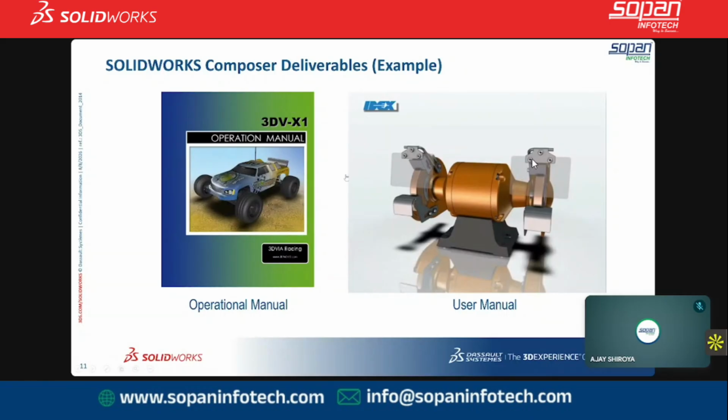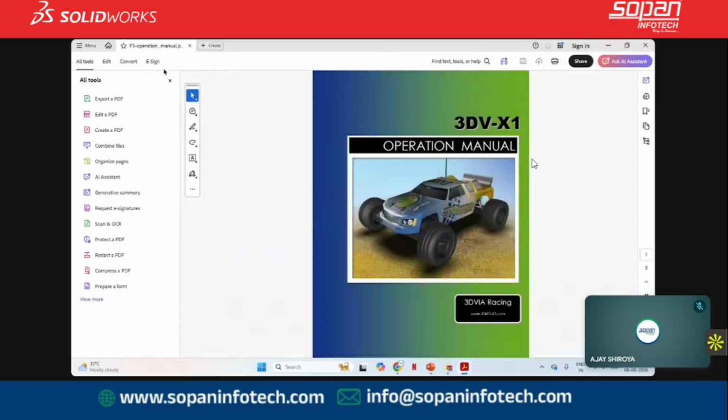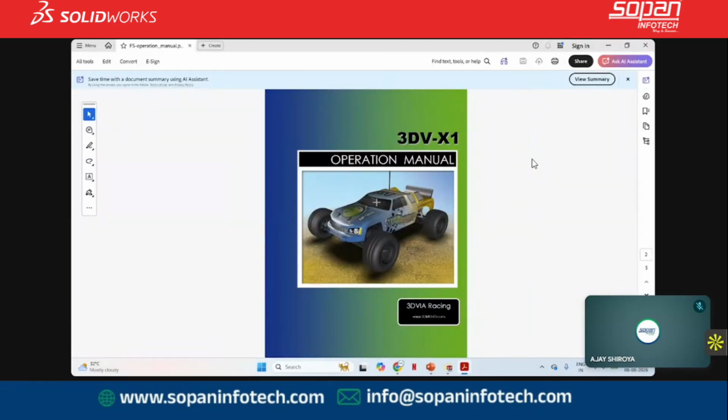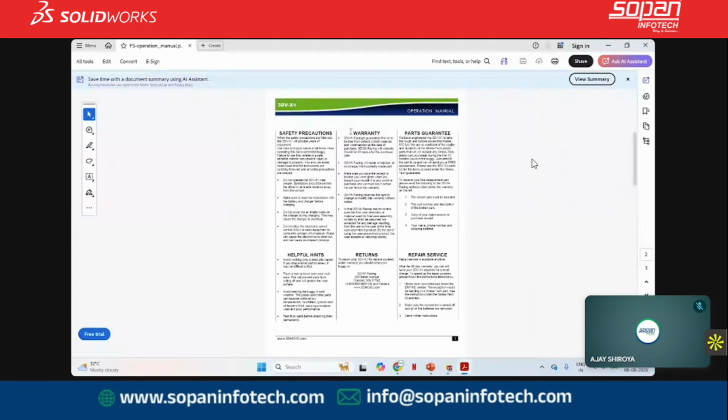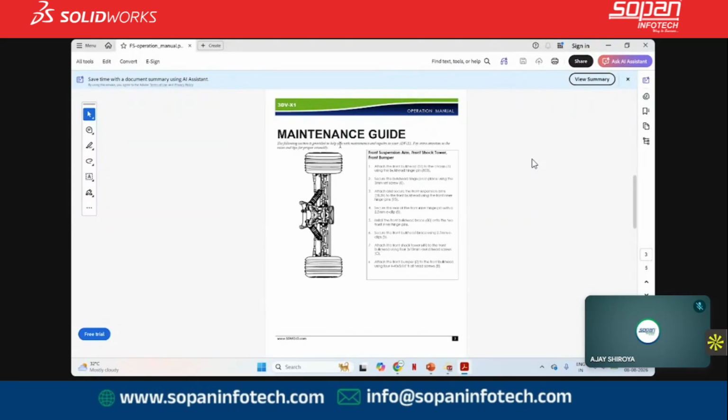Similarly, let's move to examples of what we can create. That's why I said the instruction manual, then you can create an operation manual. These operation manuals cover safety precautions, warranty, parts guarantee, and you can release this with the maintenance guide: how I want to create and how I want to maintain those.